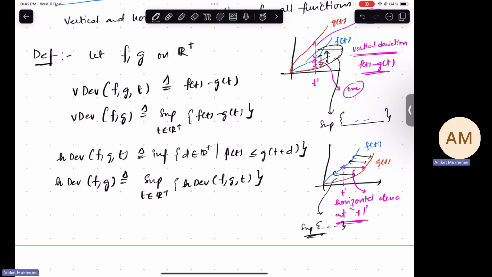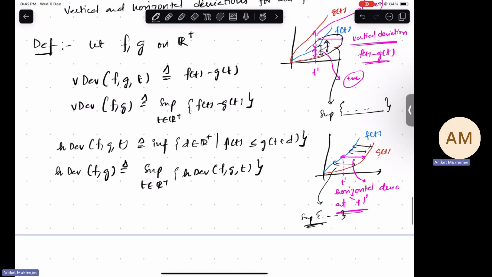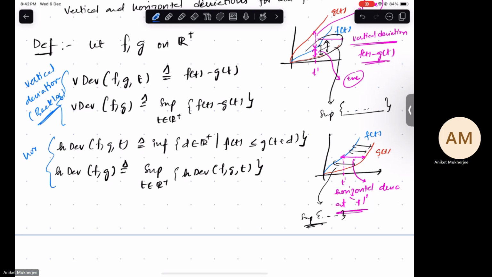This gives you the maximum horizontal deviation. These two vertical deviations are similar to the backlog that you want to calculate in your real-time system. These two horizontal deviations are where you want to calculate the delays of the system.